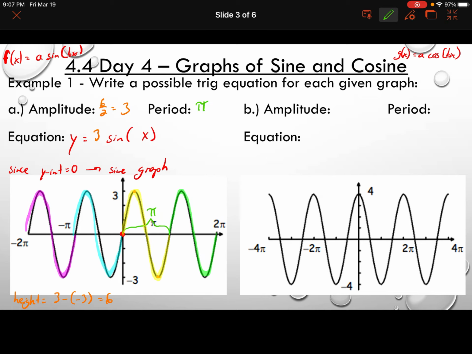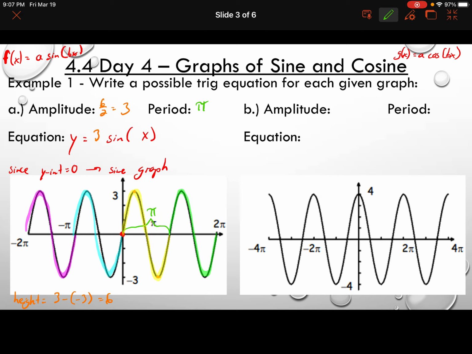Now, don't forget, that is not our b value. Remember, I mentioned earlier that the period is not your b value. You use the b value to find the period, but they are not one and the same. So now we have to determine what the b value is. How do we do that? We're going to use that little formula. The period is always equal to 2 pi divided by b.